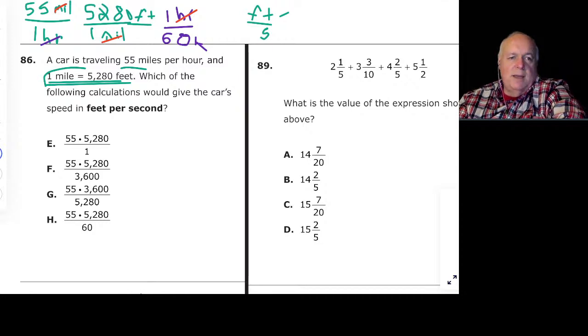And then it basically means that we need to now do 1 minute. So I'm going to use N for minute over 60 seconds.